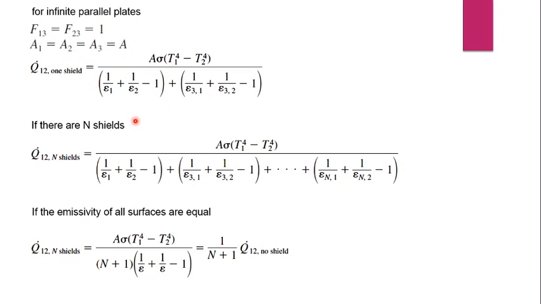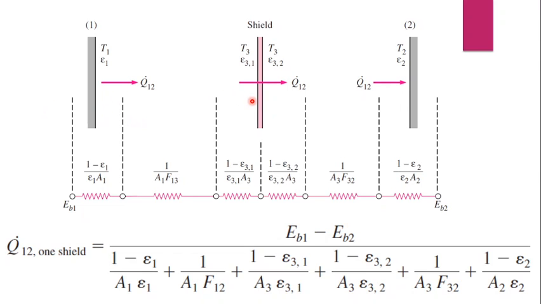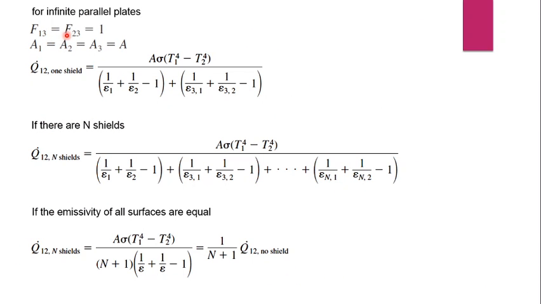As you know, between parallel plates the view factor is always 1. F13 will be equal to 1 and F32 also will be equal to 1. So F13 is equal to F23 is equal to 1, and A1 is equal to A2 is equal to A3 is equal to A.